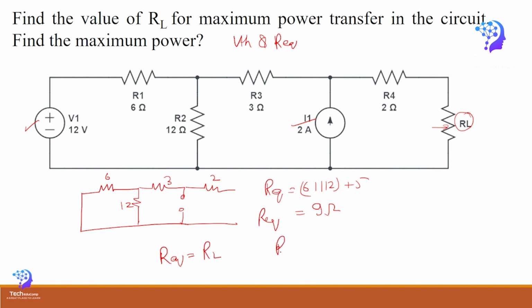So that means my value of RL will be 9 ohm. For my maximum power Pmax, I want VTH square upon 4 RL. Okay, the first case.